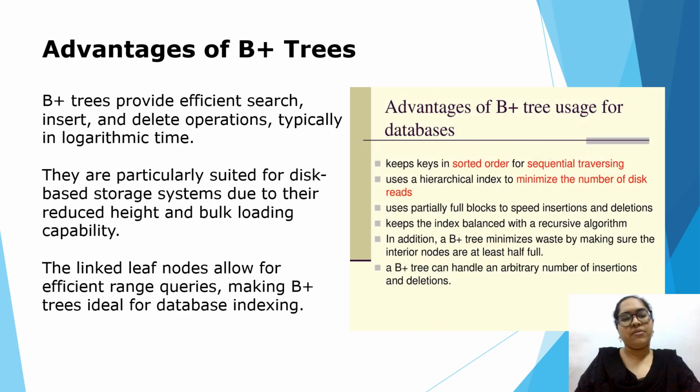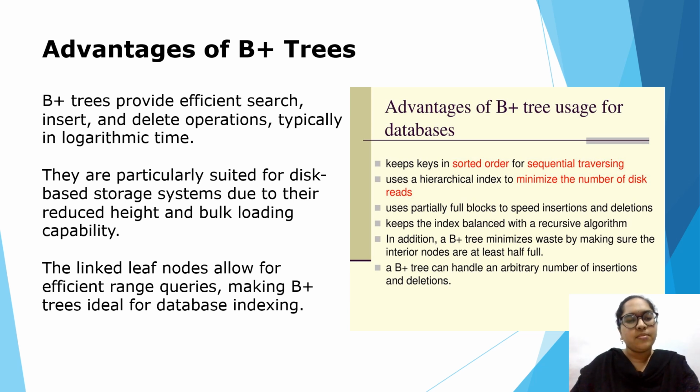And next we have the advantages of B plus trees. So we have a wide range of advantages. First one is that it provides efficient search, insert, and delete operations, typically in logarithmic time. They are particularly suited for disk-based storage systems due to their reduced height and bulk loading capability.